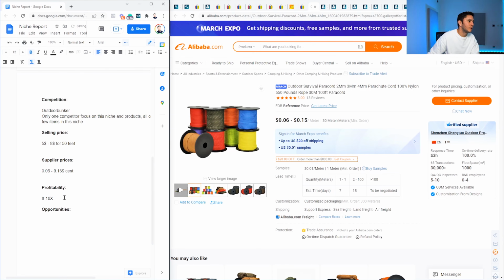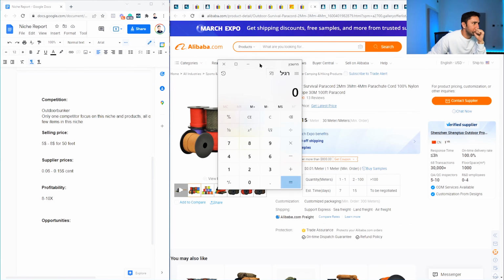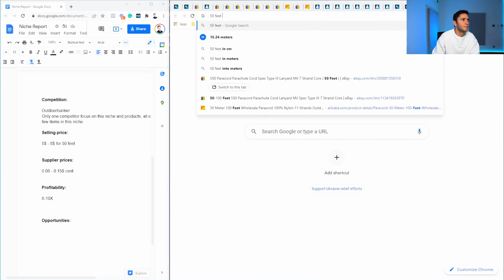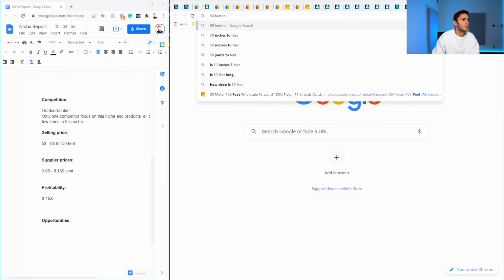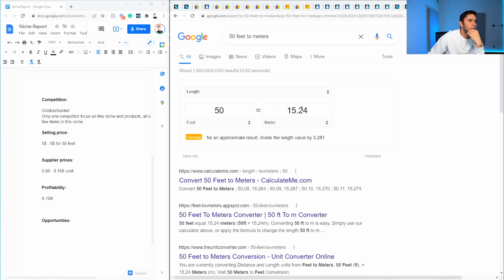This is the multiple, because if, let's say, you want to sell 50 feet, let's calculate it again together. 50 feet is 3 times 5, 15 meters. I'm not sure, 50 feet to meters. Yes, 15 meters, 1524.